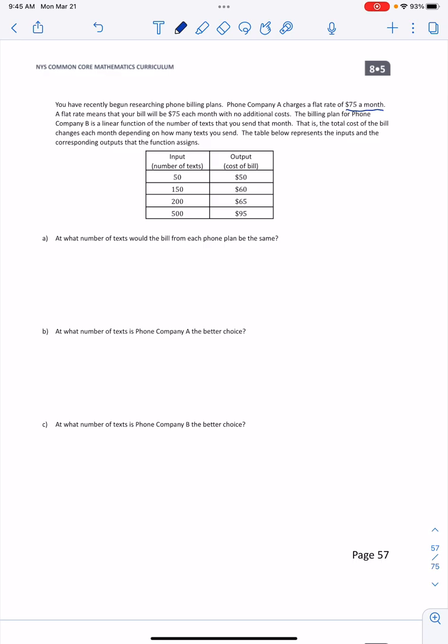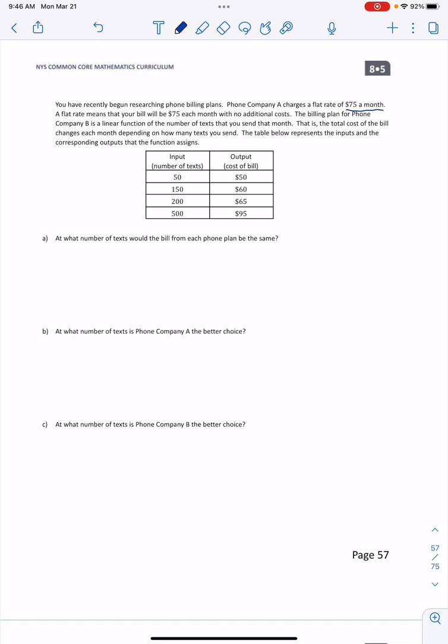The billing plan for phone company B is a linear function of the number of texts that you will send that month. That is, the total cost of the bill changes each month depending on how many texts you send. The table below represents the inputs and the corresponding outputs the function assigns.